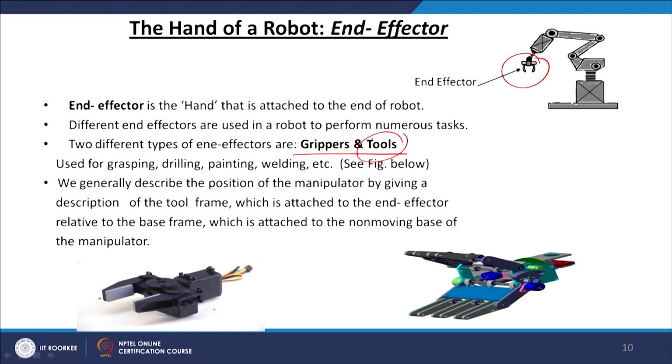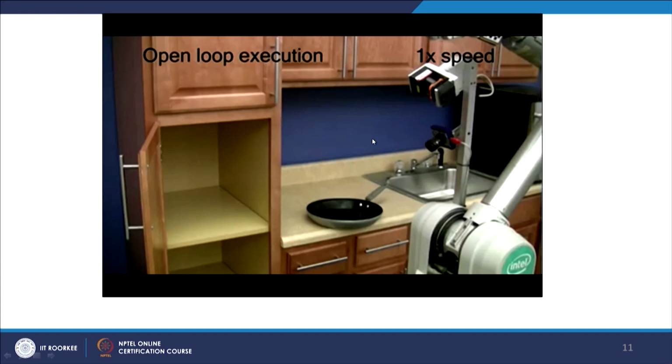So, in this video one can see a robot manipulator which has links and joints and an end effector with a gripper, and it takes an object placed here and then puts it in a different place.